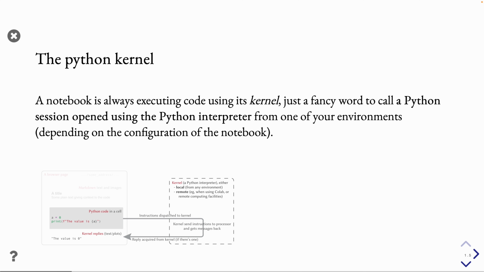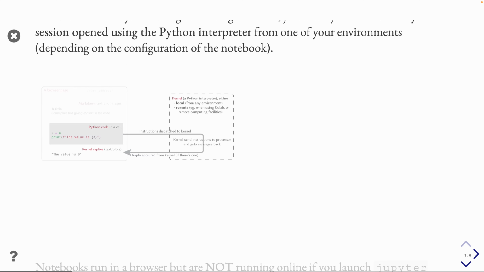The kernel is running them, is sending them to the processor. We get all the replies, and then the kernel dispatches back the replies from whatever code we executed. Like if we were just, I don't know, defining a function, we would not see anything printed. If we were to make a print statement or display an image or do whatever, we will get that reply below the cell of code.